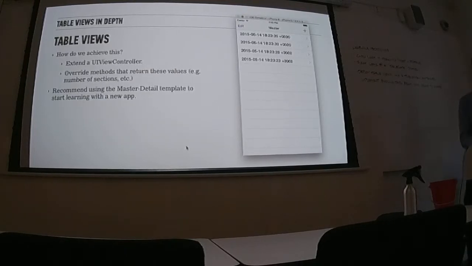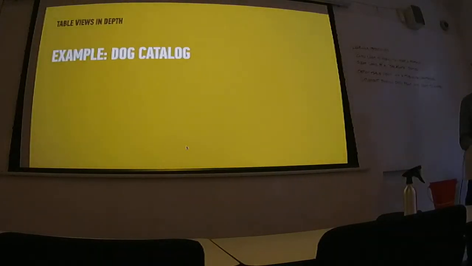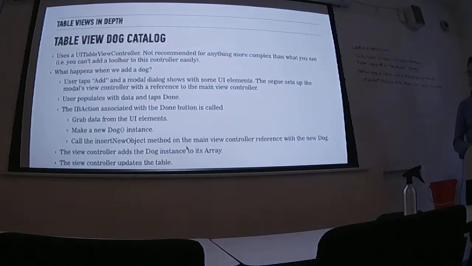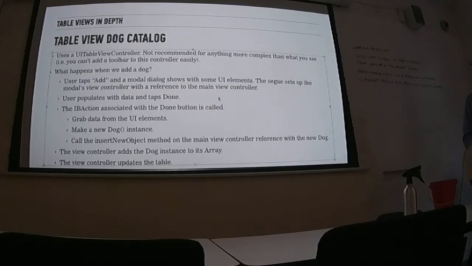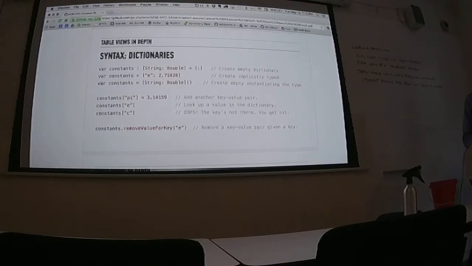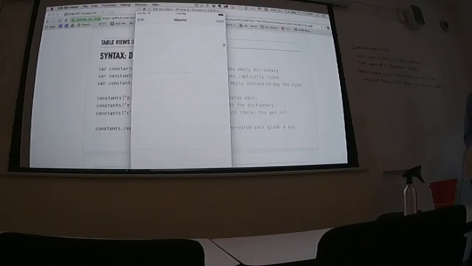So, the dog catalog. I wanted to go over a little bit about what happens in the app that we tried to create at the end of last class. So the dog app itself looks like this.